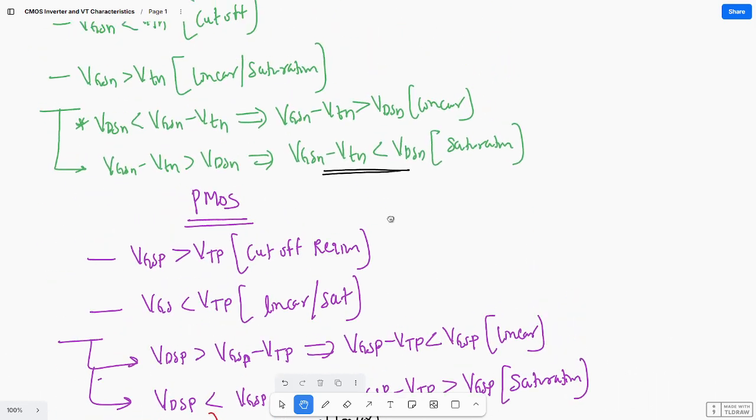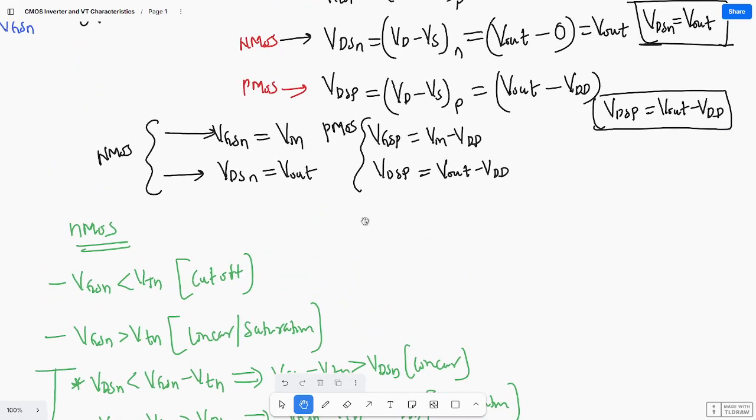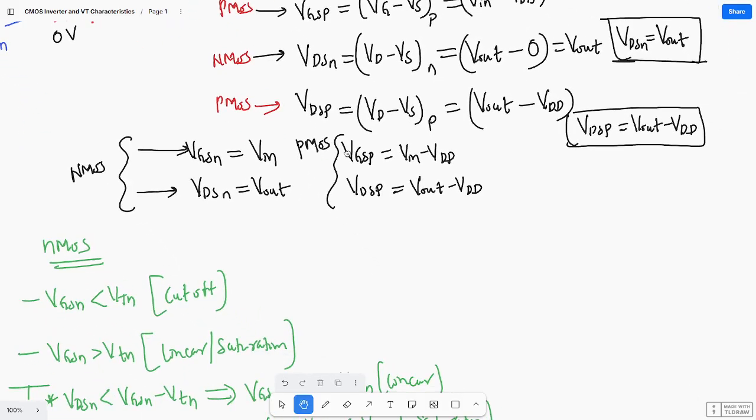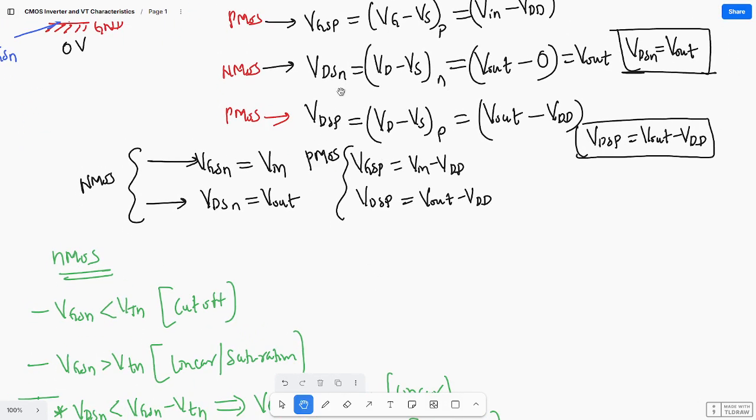Now, by seeing this diagram, for PMOS, VGSP equals V in minus VDD, and VDSP equals V out minus VDD.